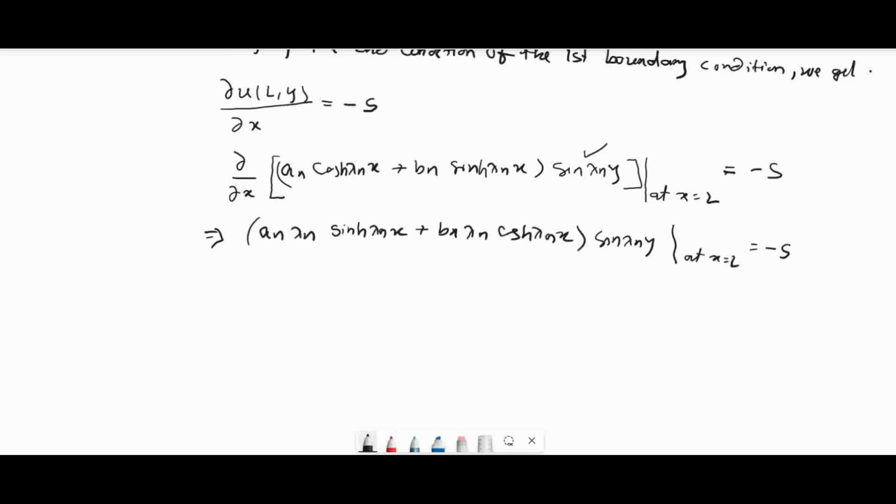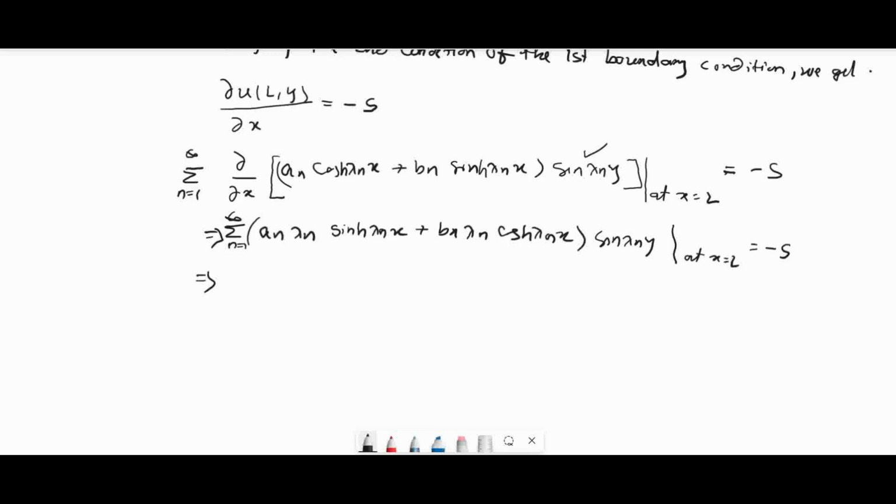We keep the summation n is equal to 1 to infinity. Take this lambda n out.